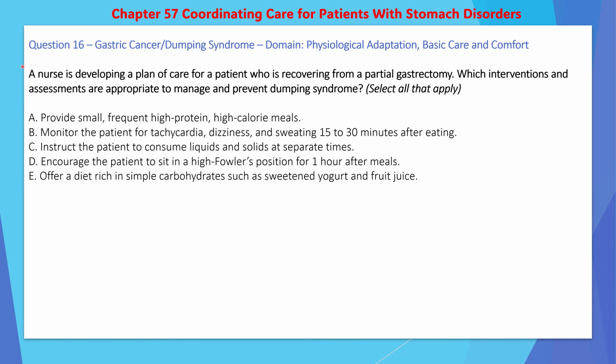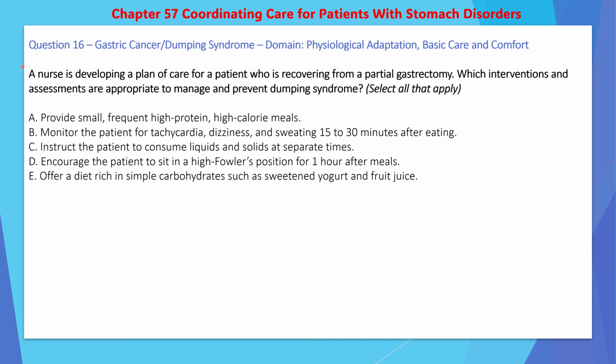So a nurse is developing a plan of care for a patient who is recovering from a partial gastrectomy. This can be like in the case study on the last part, because some of them have 3 or 6, and might be at the end somehow similar like this.